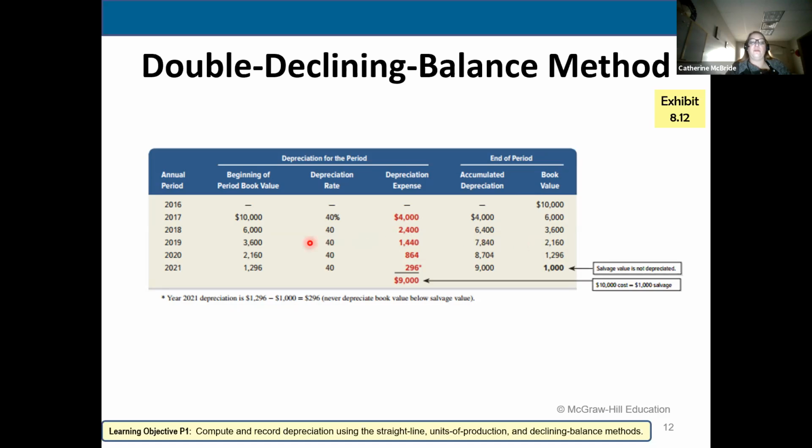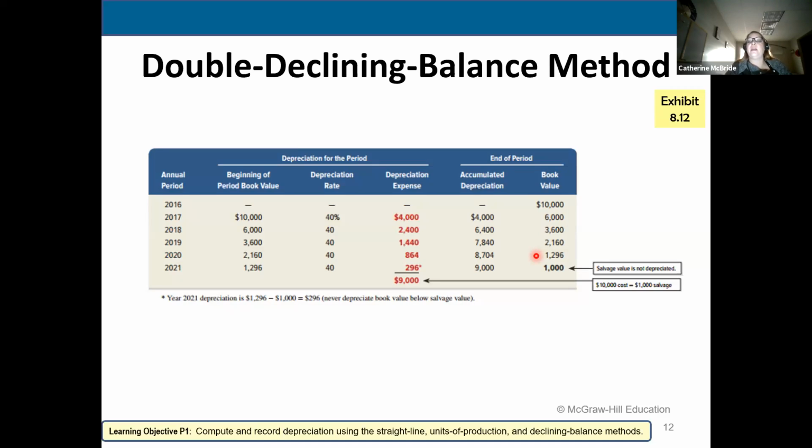We're going to move that book value over here. $2,160 times our 40% rate gives us an expense of $864. Our accumulated depreciation is the $7,840 plus the $864, which gives us $8,704. Our new book value, cost minus accumulated depreciation, is $1,296.